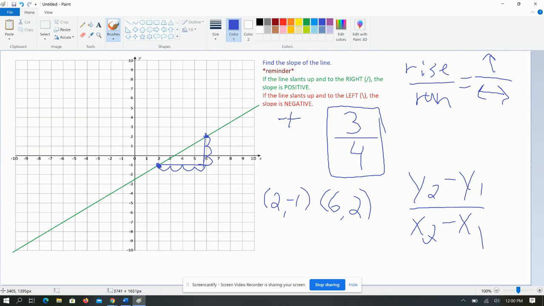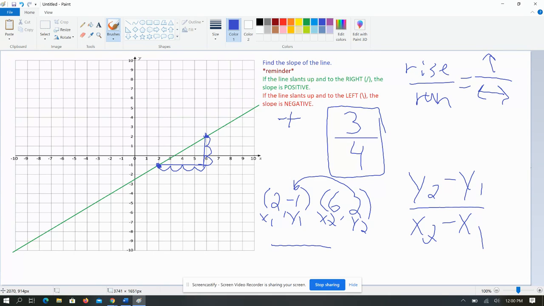So now let's put it in our formula right here. I'm going to look at my x1, y1, because remember x is always the first number, x2, y2. So my y's go on the top. My rise on the top is always my y. So the numerator in my fraction is always going to be the y. So here's the y.